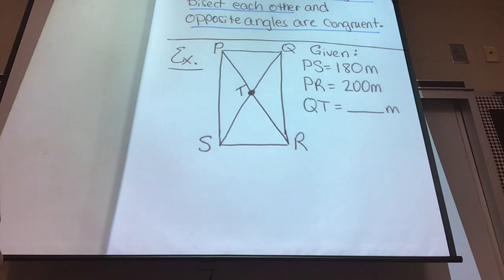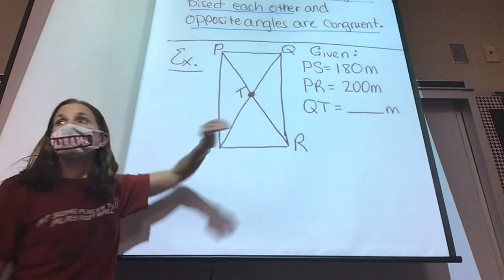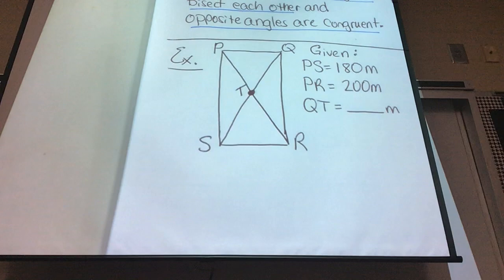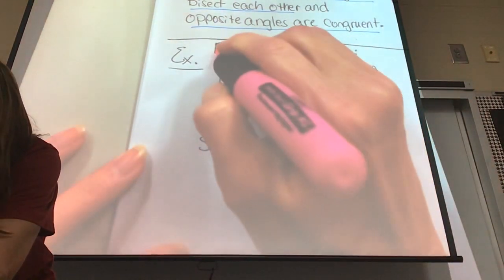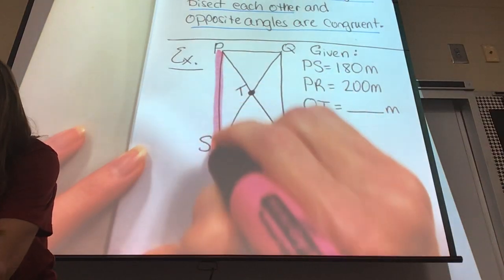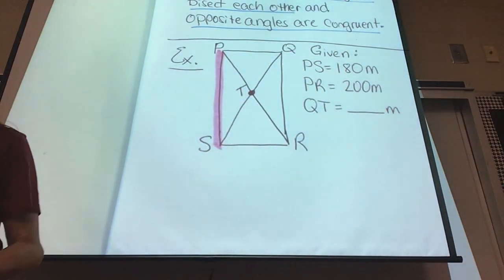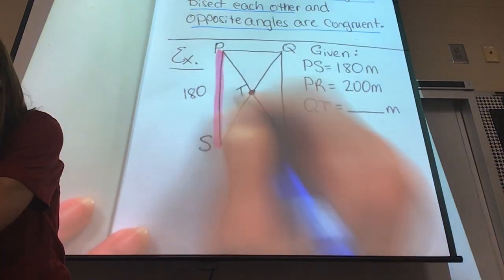So the first thing that we know is PS. PS is this side piece. So I know this entire side piece right here is the 180. So that's my 180.